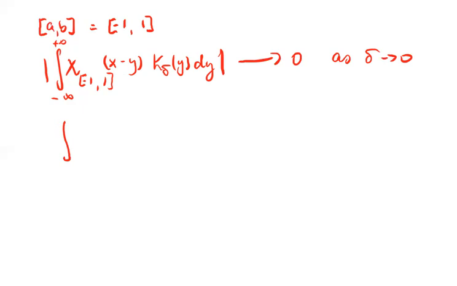That means y greater than x minus 1 and less than x plus 1, of k delta of y dy, right?